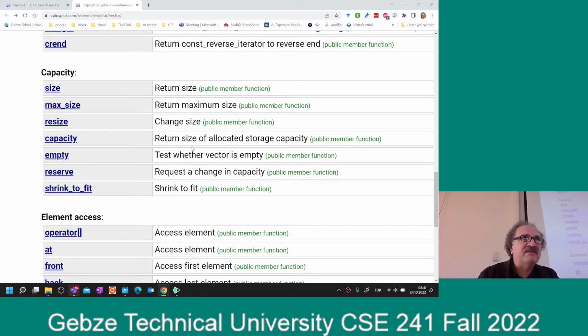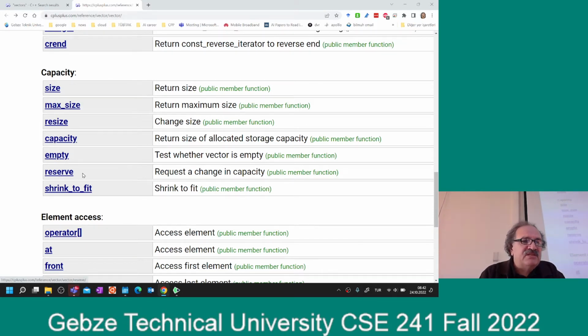When we say vector int v and it has 0 elements in it, that doesn't mean that it did not allocate any space. Usually it allocates some space, but it doesn't use it yet. When you push back, it starts using that space. So capacity will return you the number of elements that you can insert into that vector without doing any reallocation. Empty, just as the name implies, returns true if the vector is empty.